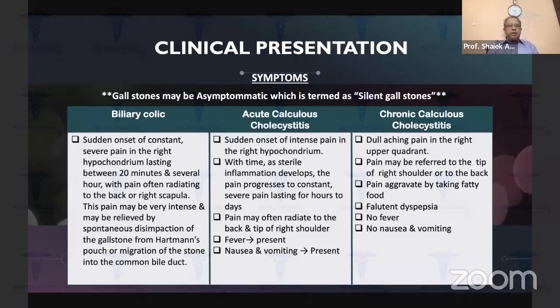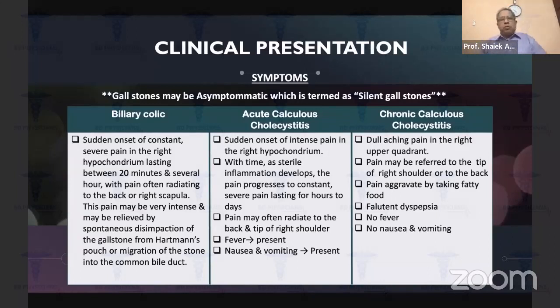At that time, most patients take some anti-ulcer drugs and the presentation is thought to be managed by them. But it is managed by a natural process. During pain, the postural change of the patient causes disimpaction of the stone from the neck to the lumen of the gallbladder, and the pain subsides.